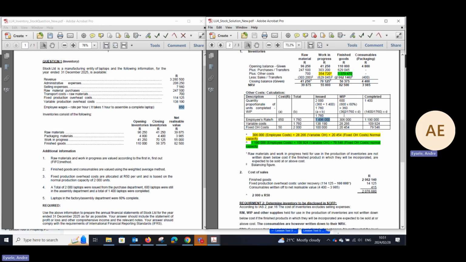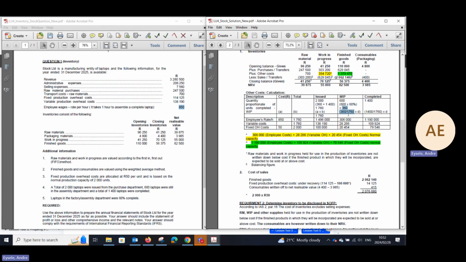How do we calculate 306,000? Well, that, colleagues, consists of the following. It is 1,496 times 360 divided by 1,760. Why do we do that? Because there's only 360 out of the potential completed of 1,760. How do we get 1,760? It consists of 1,400 plus 360, which is 1,760.